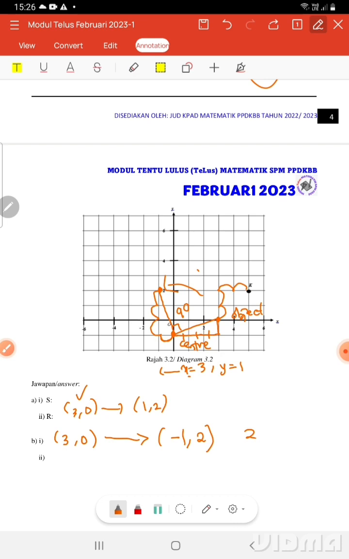So that's why I'm suggesting you to write both coordinates. Compare if you just put your wrong answer, which is 1, 2 here, without 3, 0, and then your answer is wrong, you will get 0. So that's why it's better to put the first coordinate first. Play it safe. If wrong you get zero straight away, but if correct there is no problem.